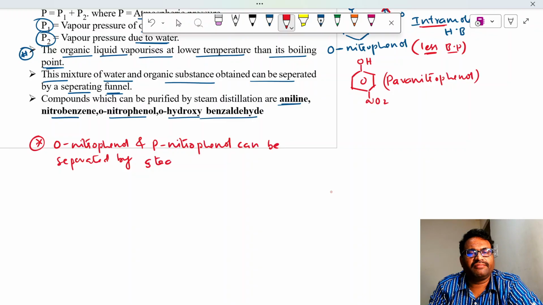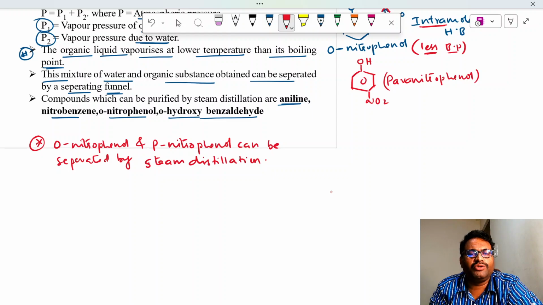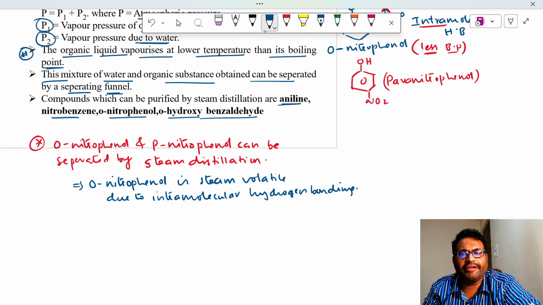Steam distillation. This was asked previously as a P by Q. So who undergoes steam distillation here? Orthonitrophenol, due to its lower boiling point, is steam volatile. Orthonitrophenol is steam volatile due to the intramolecular hydrogen bonding present in it. This point is very important.